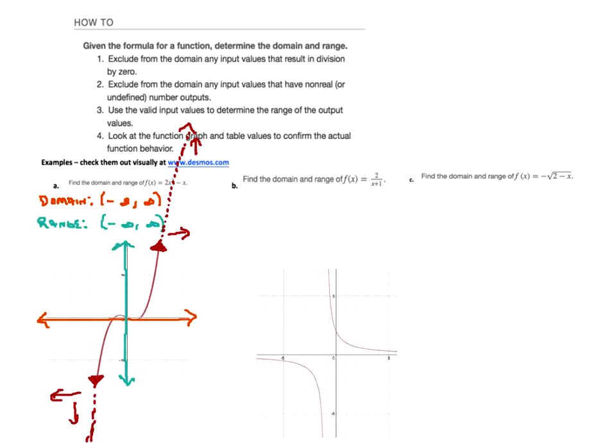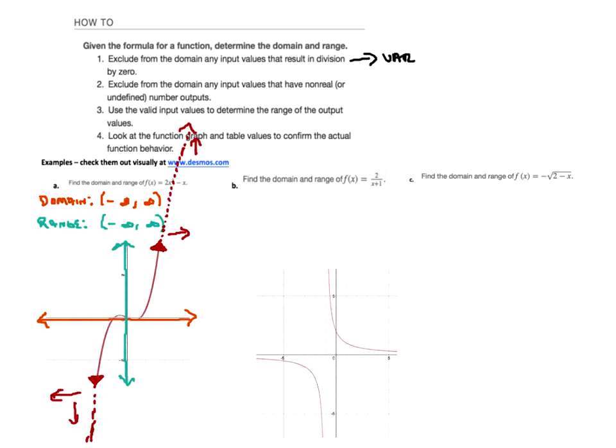Okay. All right. So let me point out that you have a variable in your denominator of your function. This is going to cause potential for 0 to show up in your denominator. So it's this situation right here.